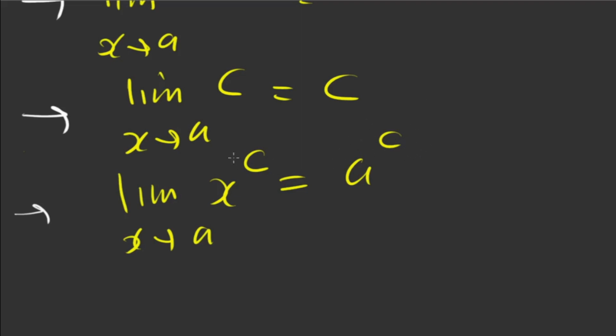So you just substitute your a into x, and then you maintain the index or the power. So for example you have x cubed and you want to find the limit as x goes to 2. This will give you 2 cubed, which is equal to 8, because 2 times 2 is 4, 4 times 2 is 8. So this will give you 8.